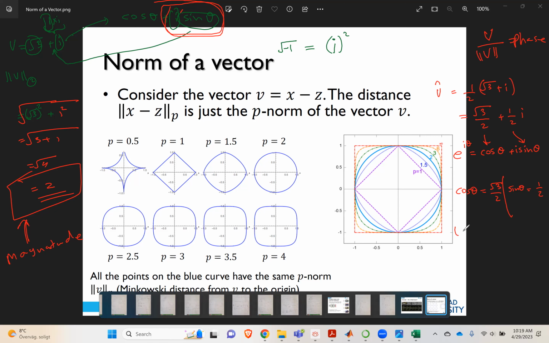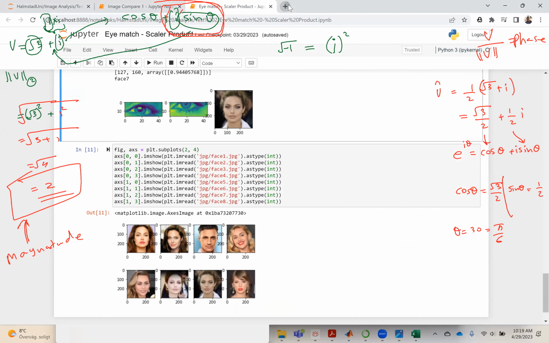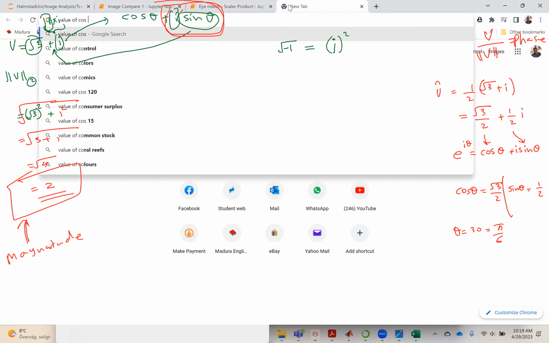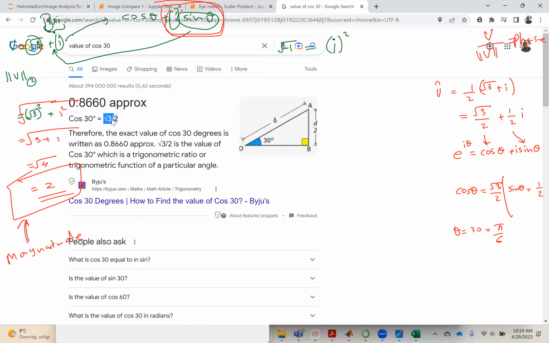Theta is equal to 30 degrees, which is pi by 6. You can take a calculator and check the value of cos 30. We can just go to Google and see: square root of 3 by 2.